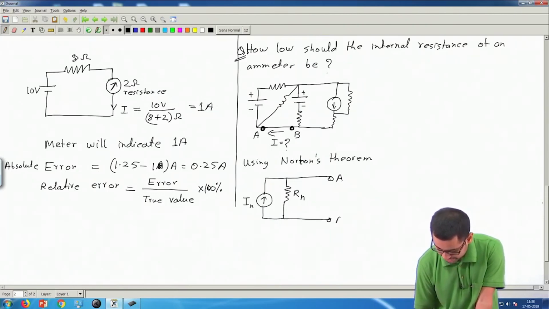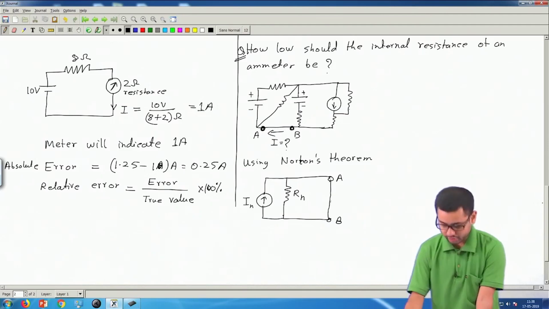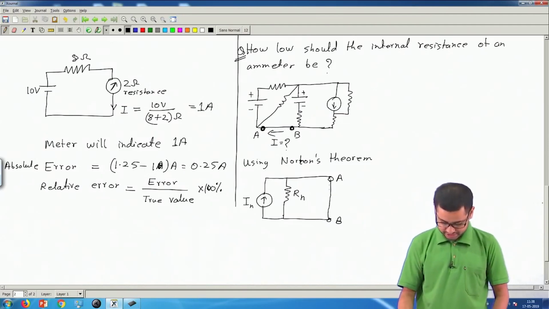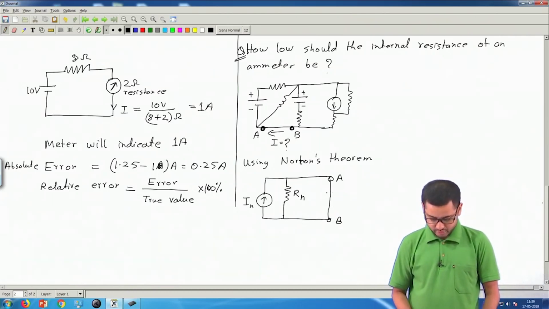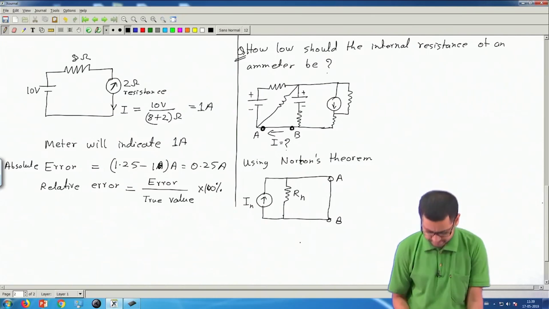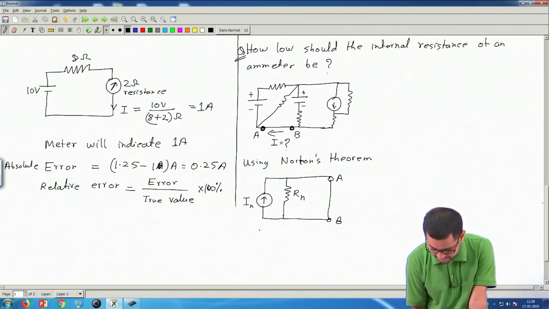This is point A and this is point B, these two are joined by this branch which is a short circuit, okay, which is a zero resistance branch, and we want to measure the current in this branch. Okay. So, this is the general scenario always. So, this is the equivalent circuit.